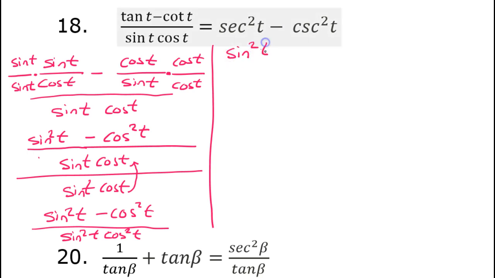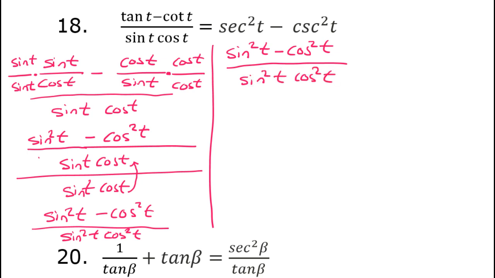Sine squared t minus cosine squared t over sine squared t cosine squared t. I just didn't quite have enough space down there.